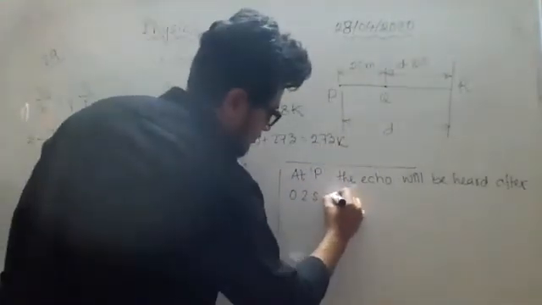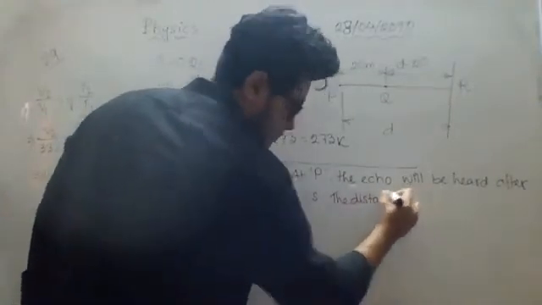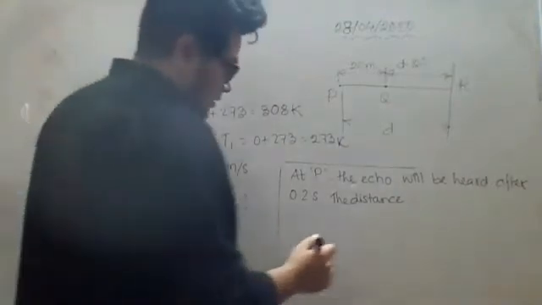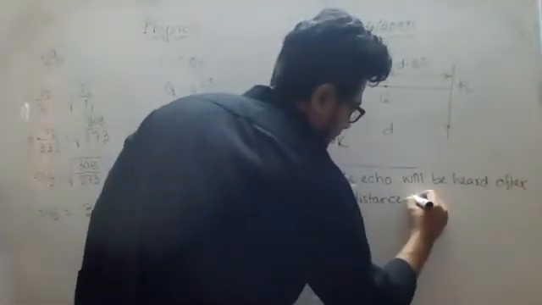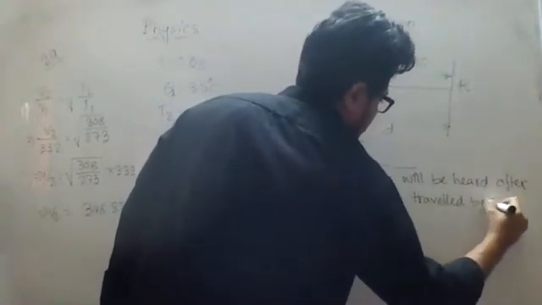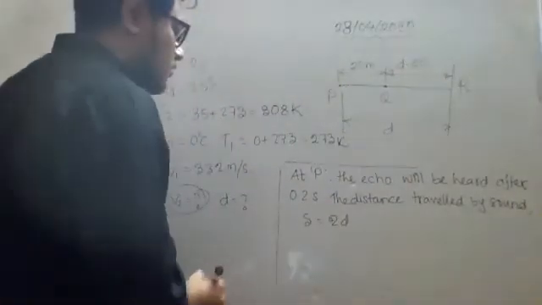So the distance traveled by sound, S, is equal to twice D. 2D distance it will cover.